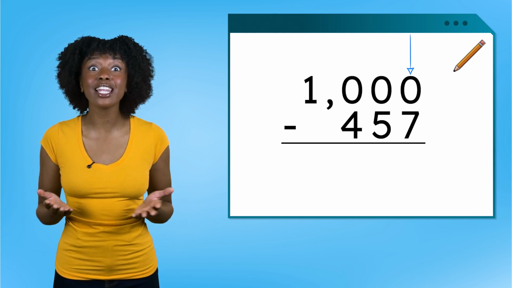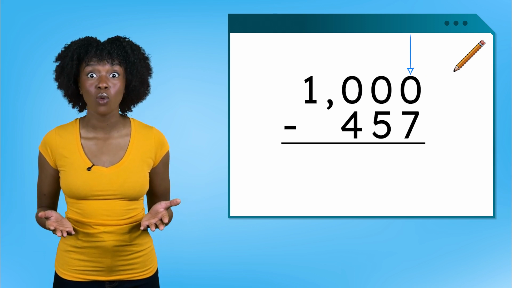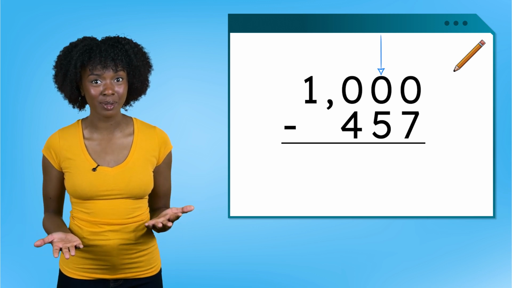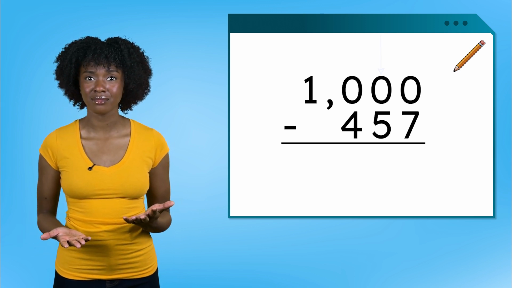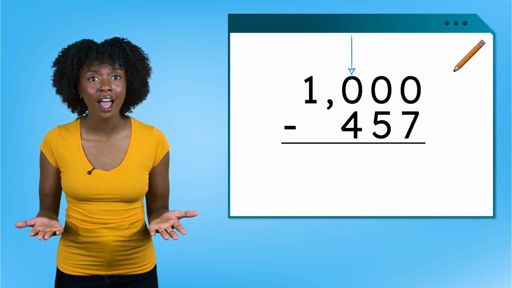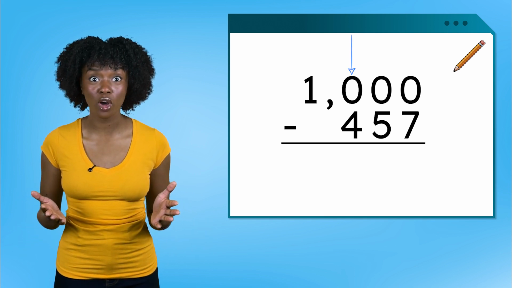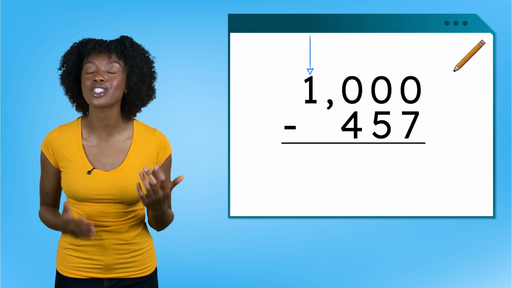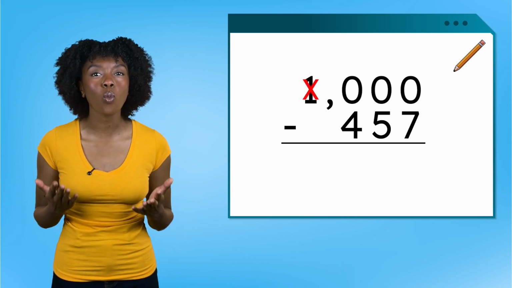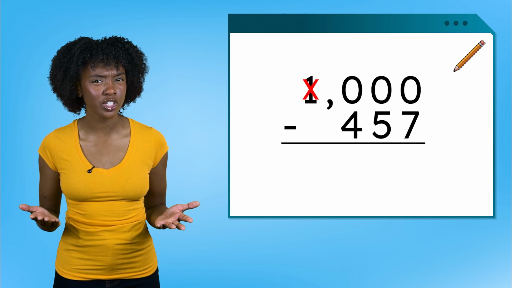Since we don't have any ones to subtract the 7 from, we'll need to go next door. But there's also a 0 in the tens place. And there's a 0 in the hundreds place. We'll have to skip over those and go to the thousands place to start regrouping and work backwards from there. If we break apart 1,000, how many hundreds do we get?